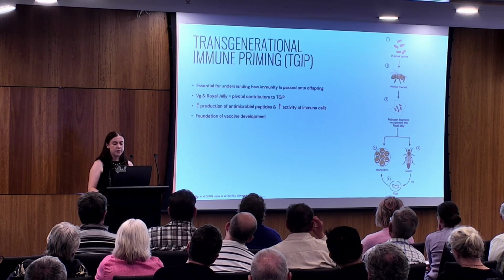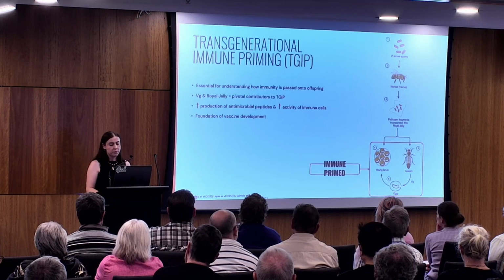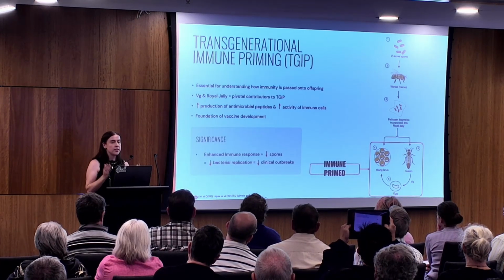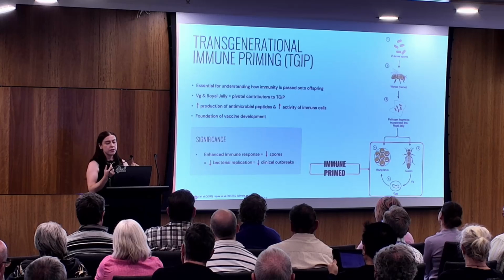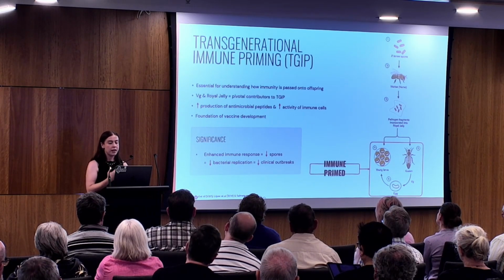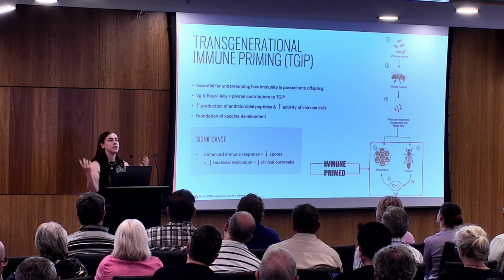It is thought that these fragments then prime the immune system, providing future protection upon exposure. The significance of this is, if we can trigger an immune response upon pathogen exposure, the spore load and therefore the production of infectious cells within the hive will reduce, therefore providing protection for the entire hive.